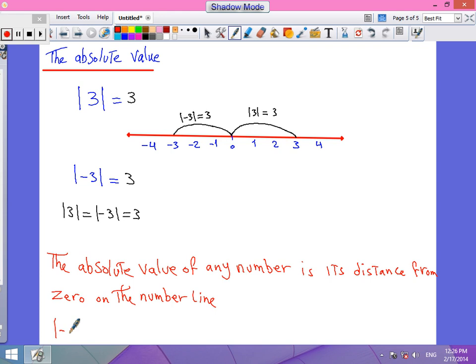For example, the absolute value of negative a equals the absolute value of a, which equals a with the positive sign.